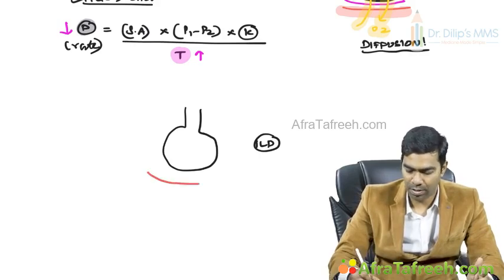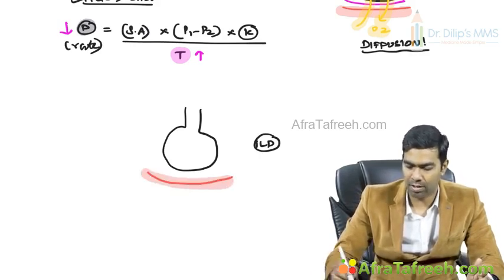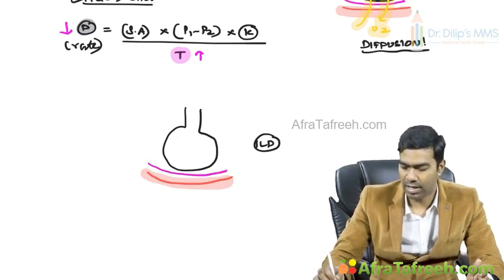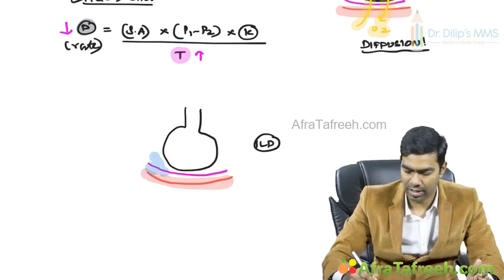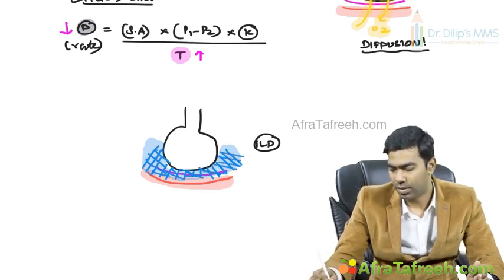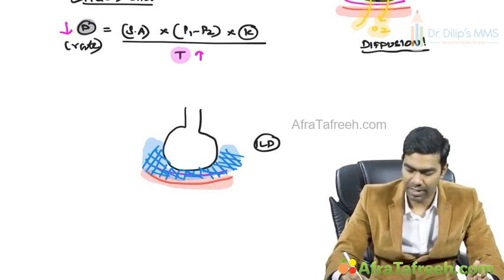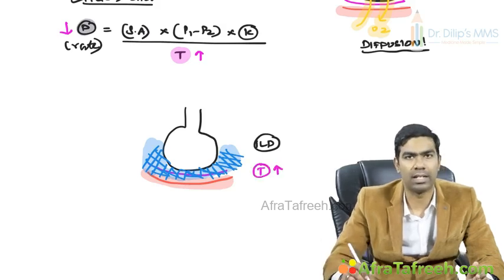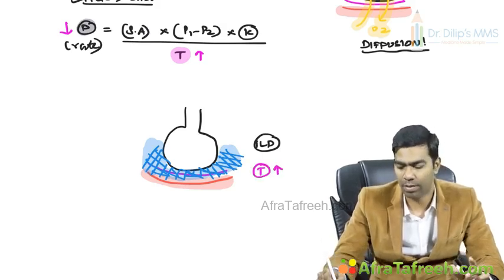Let us see what's going to happen here. This is the alveolar capillary and this is the basement membrane, and let us assume this is the interstitial area, the interstitium. Let us assume that for some reason the interstitium is getting thicker and thicker, and it is not allowing the gases to move properly. So essentially the thickness of the diffusing membrane is increased because of thickening of the interstitium due to accumulation of some substance.